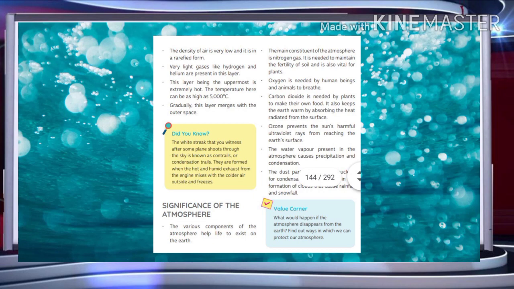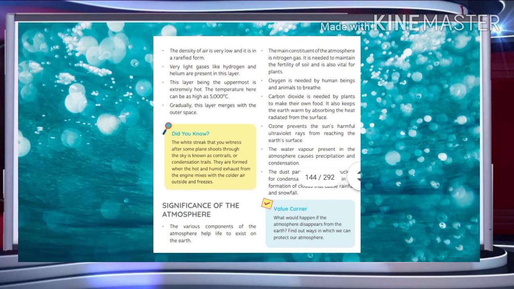This layer is further divided into two layers, that is ionosphere and exosphere. Ionosphere is the lowest part of the thermosphere, whereas exosphere is the upper part of the thermosphere. Exosphere extends up to a height of 1600 kilometers from the surface of the earth, that is 100 kilometers extended to the thermosphere.